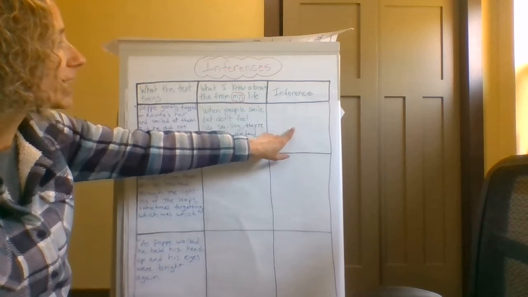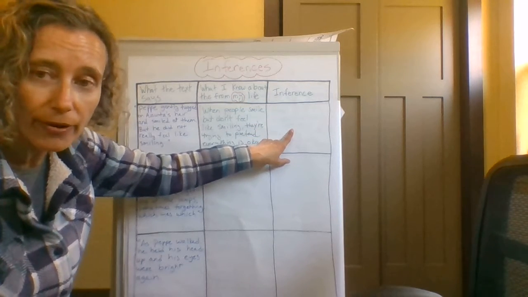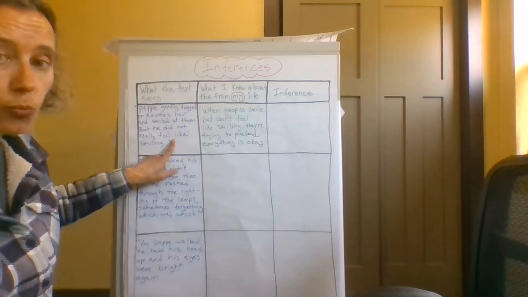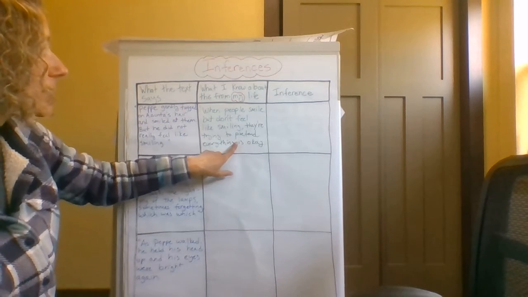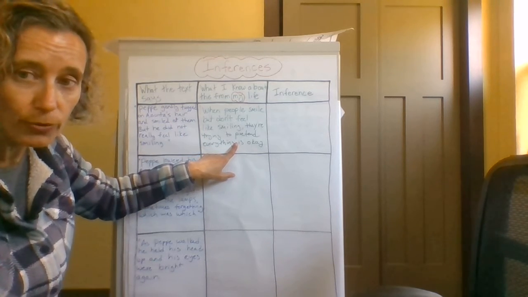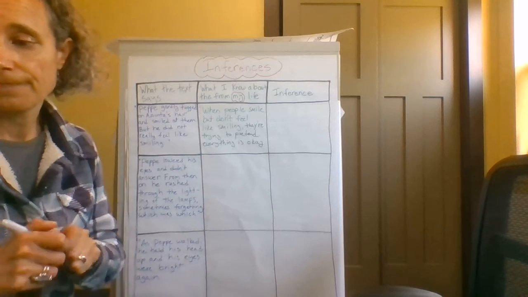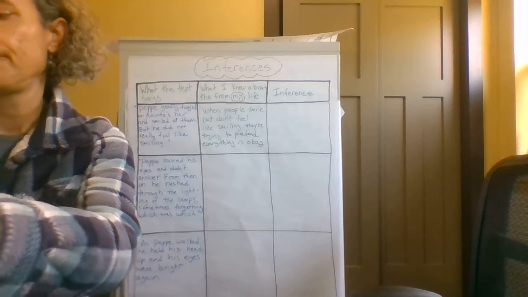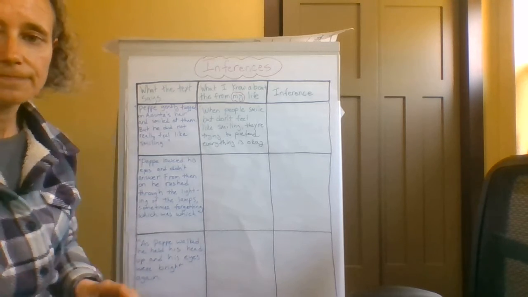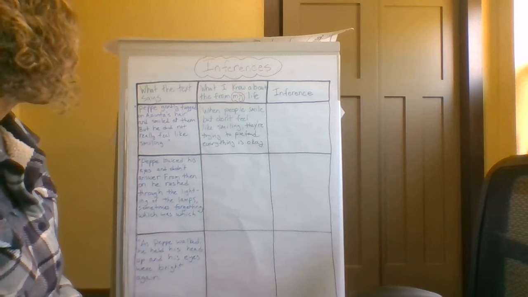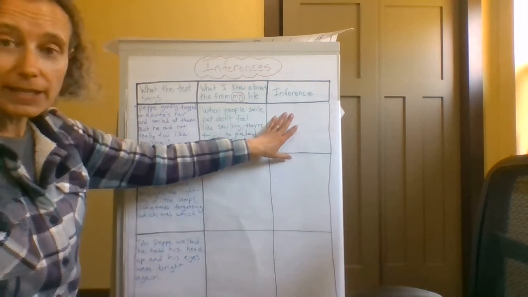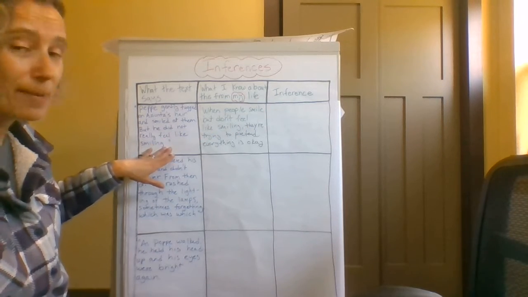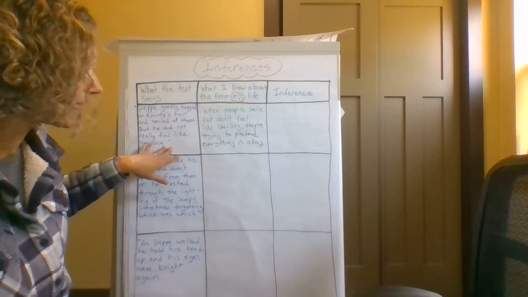So then, what inference can I make about how Pepe is feeling? I'm thinking about what the text says. I'm thinking about what I know from my own life. Okay, so the inference I think I can make is that Pepe is smiling, but he doesn't feel like smiling.